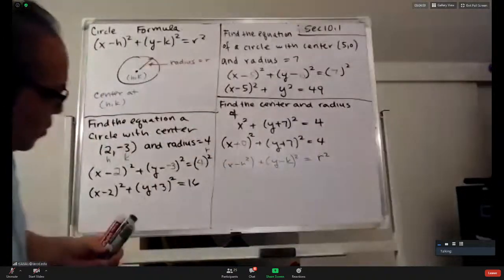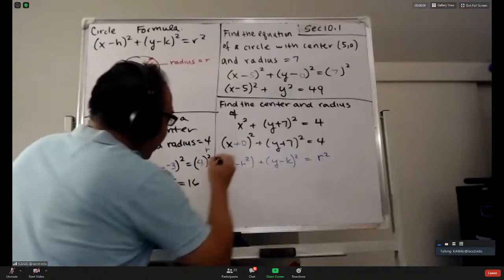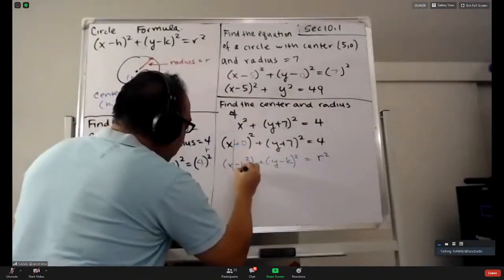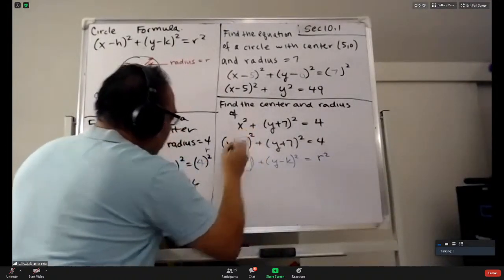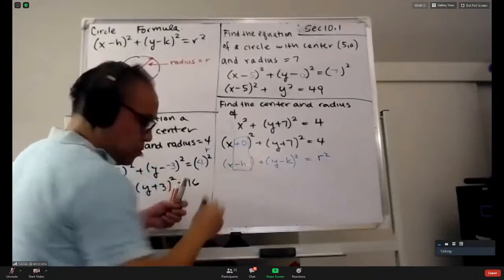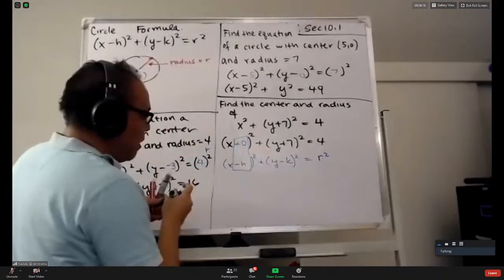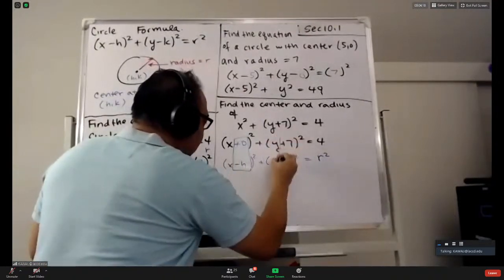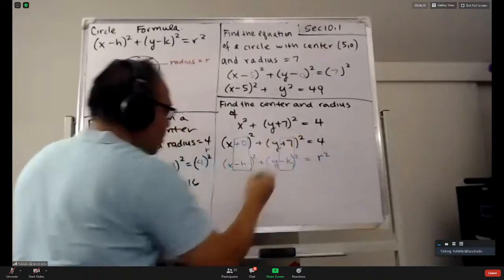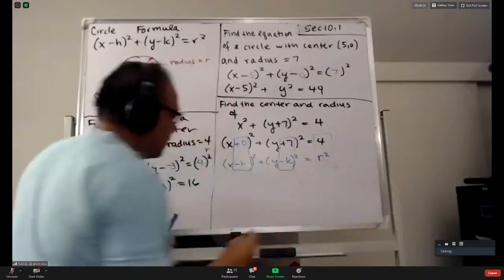Okay. So if we do pattern matching, we can see that this minus h is equal to 0. Oh, the square should be on the outside. And that this minus k should be equal to 7, and this r squared is equal to 4.